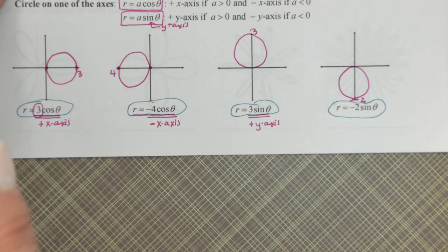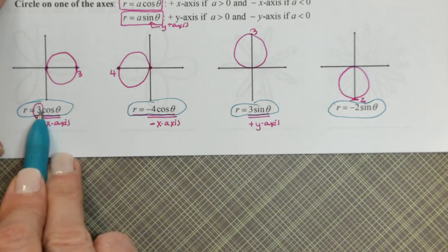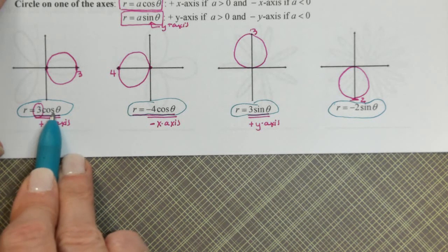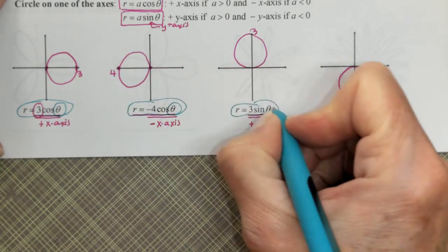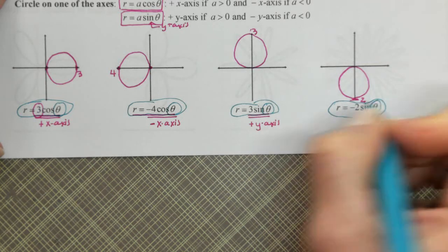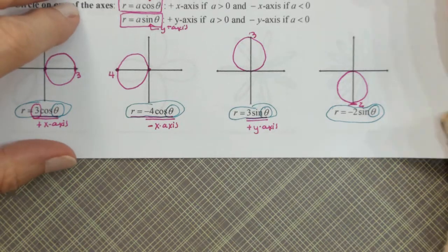Well, it's just a single term, a number out in front, a number coefficient, either a sine or a cosine, and only theta here. Only 1 theta, not 2 theta, 3 theta, 4 theta, all of that. Okay? So that's how you distinguish a circle equation from a not circle equation.